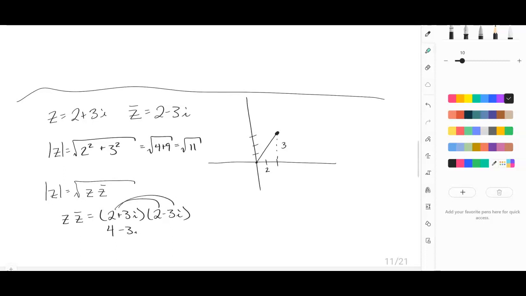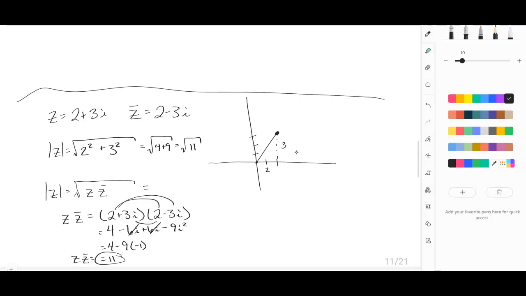Outside would be a minus 6i. Inside, plus 6i. And last would be a minus 9i squared. So you can see how the middle terms cancel. And we know i squared is the same thing as negative 1. So that gives us a 13 for z times its conjugate.